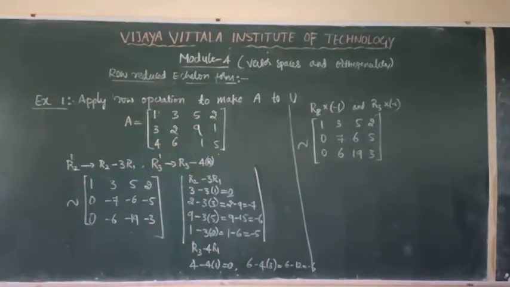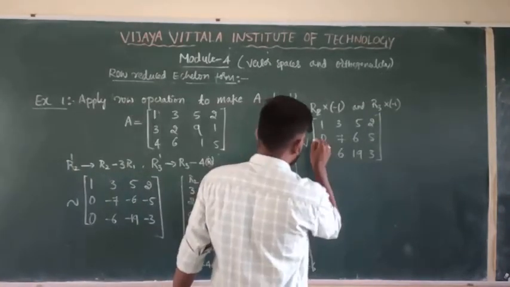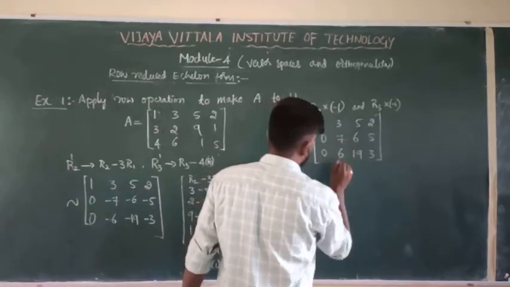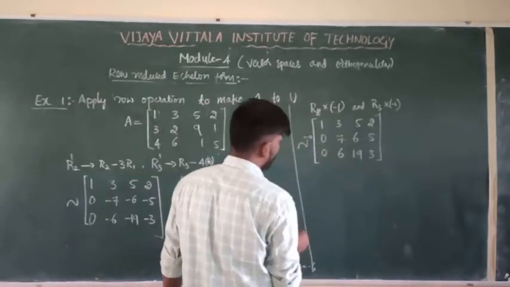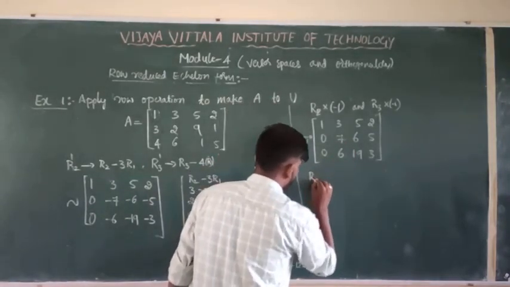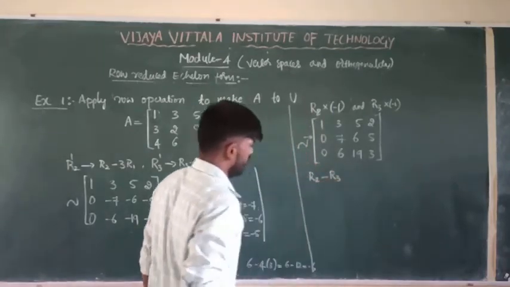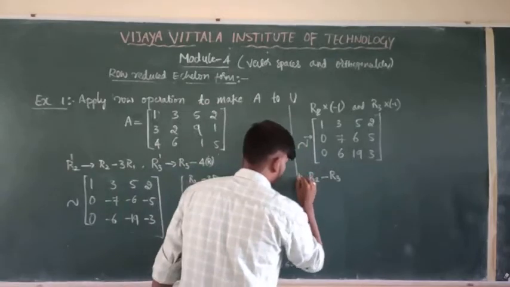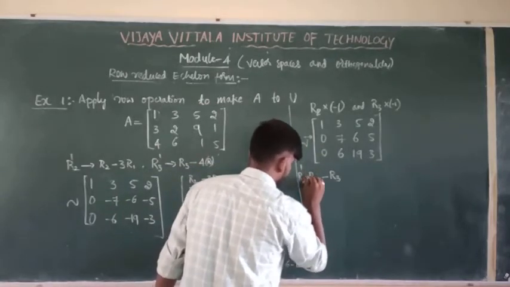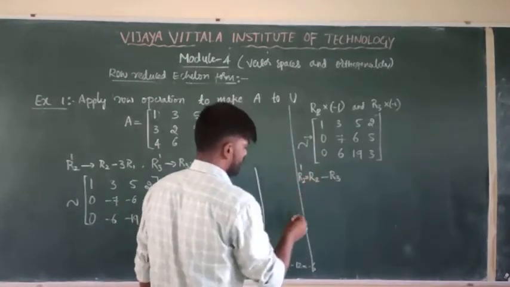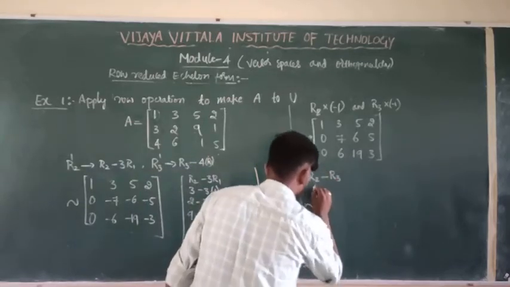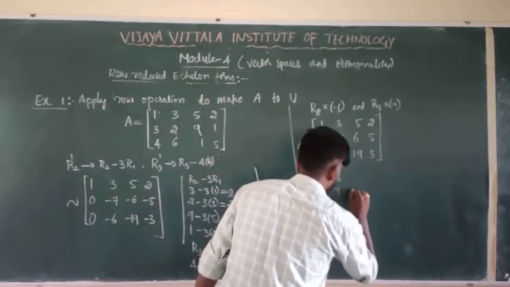To make the leading entry in the second row 1, we use the operation R2 dash equal to R2 minus R3. The matrix is 1, 3, 5, 2.